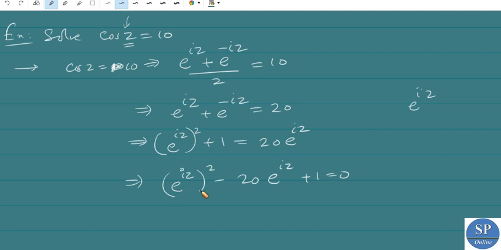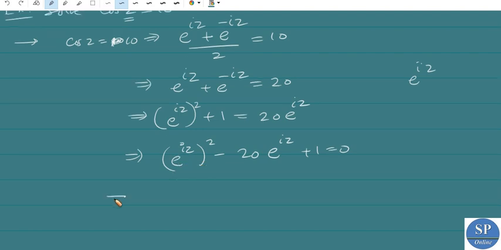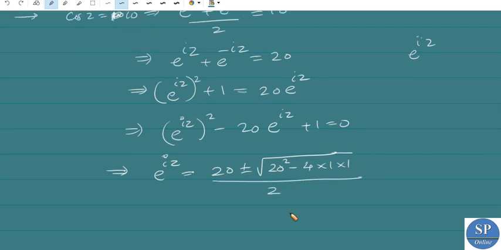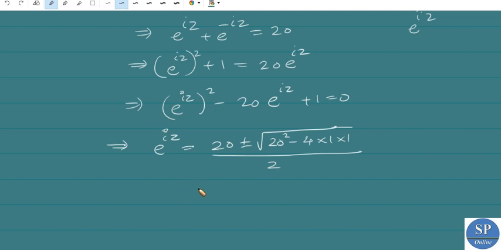So we got a quadratic equation in e power iz, with the variable e power iz. So by using the quadratic formula we can find the value of e power iz. That is nothing but minus b plus or minus square root of b square minus 4ac divided by 2a, that is 2. So by simplifying this, we get 20 plus or minus square root of 20 whole square is 400 minus 4, divided by 2.